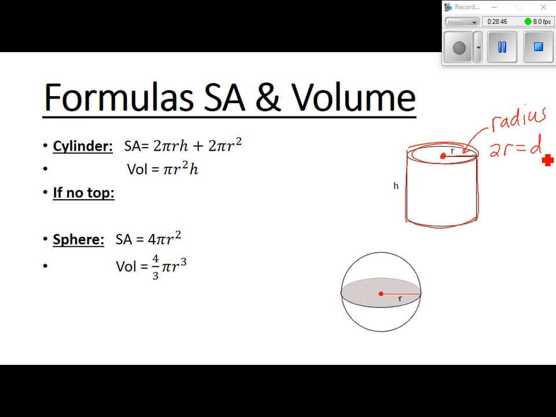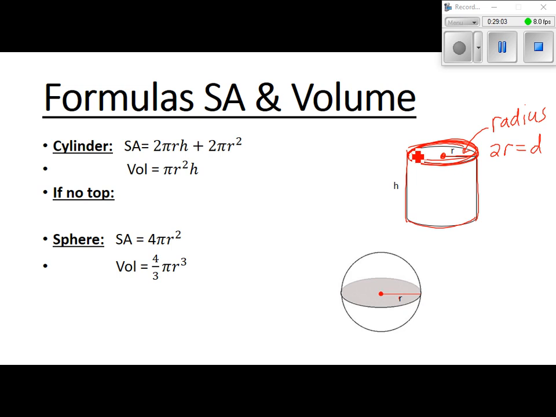If we're doing surface area, and we want all of that, but maybe our cylinder doesn't have a top, because a lot of times a cylinder like a bucket doesn't have a top, so we don't want that part.